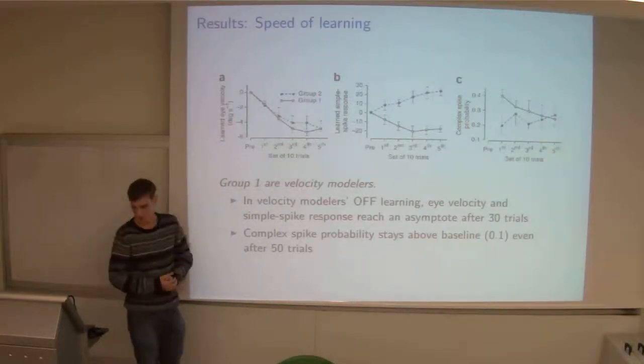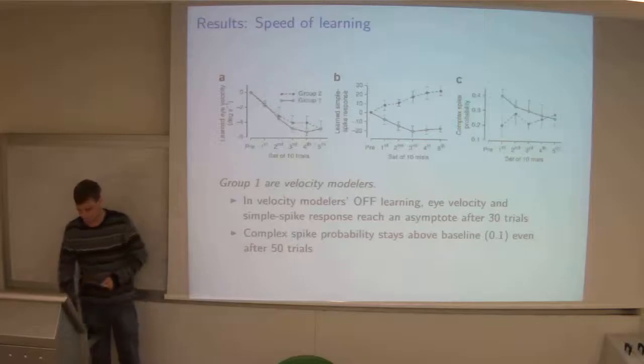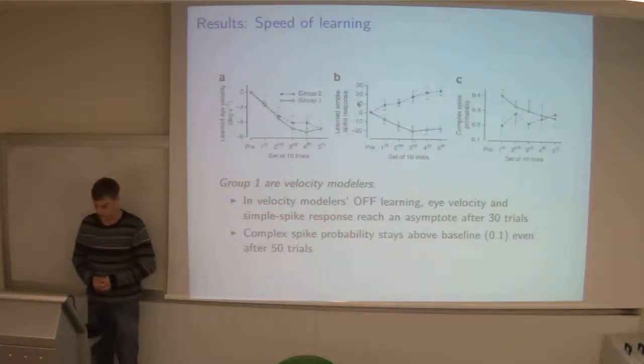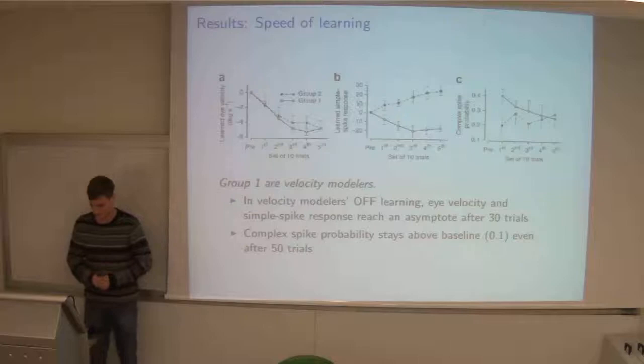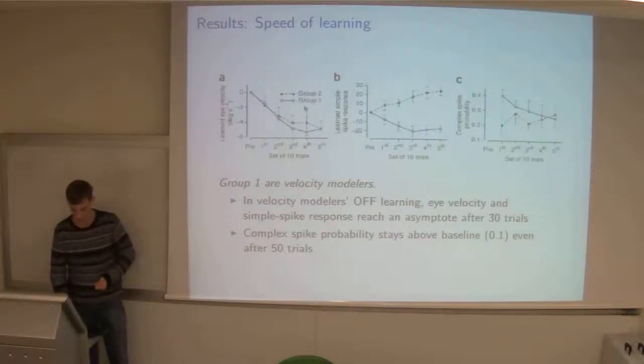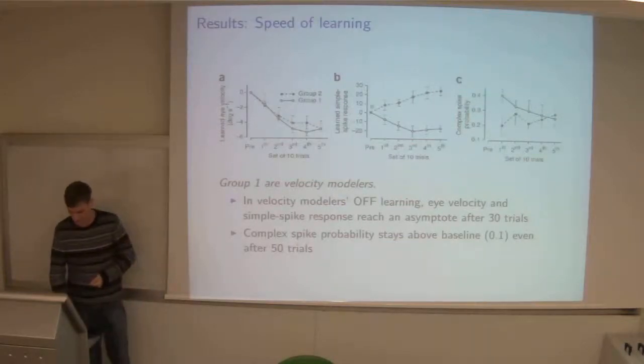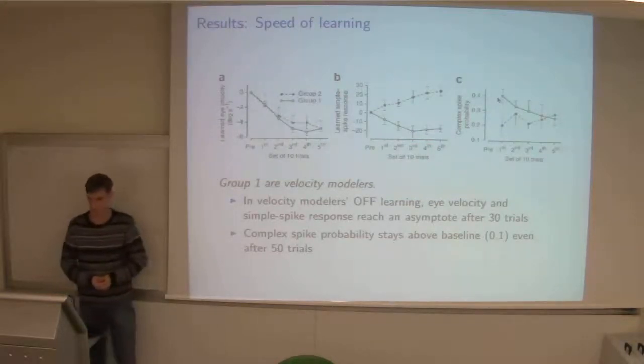And you can see that basically only in the first 30 trials, the eye velocity or the simple spike response change. At least in group 1, these are the velocity modelers. Let's not look at group 2. But the complex spike probability, which you can see here, stays above baseline even after 50 trials.